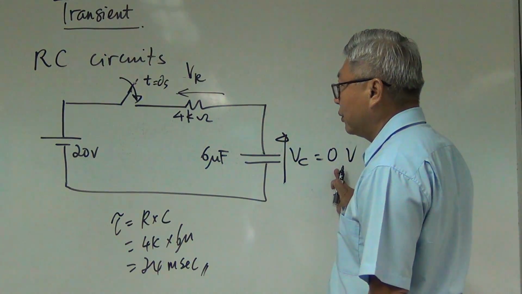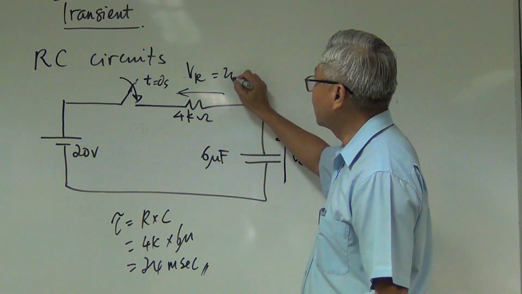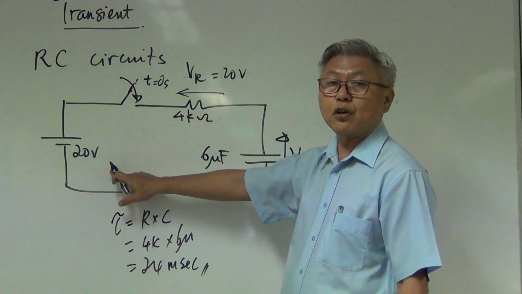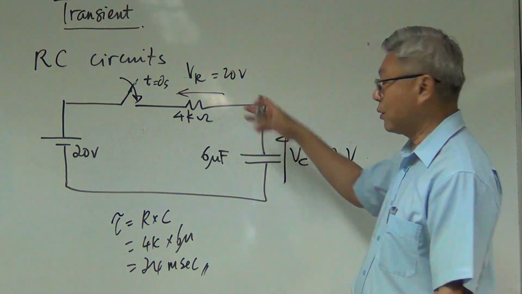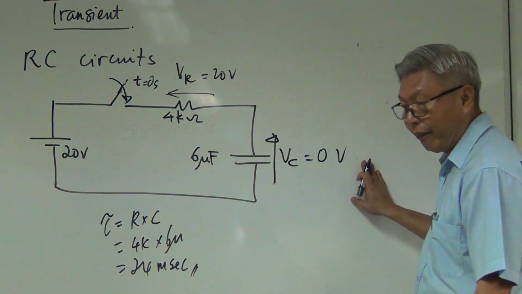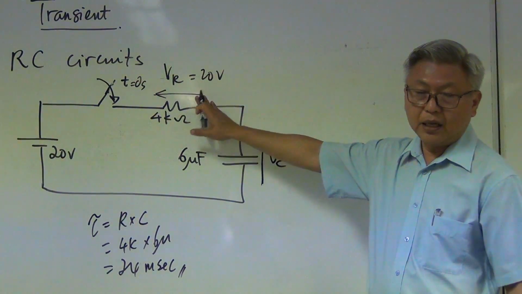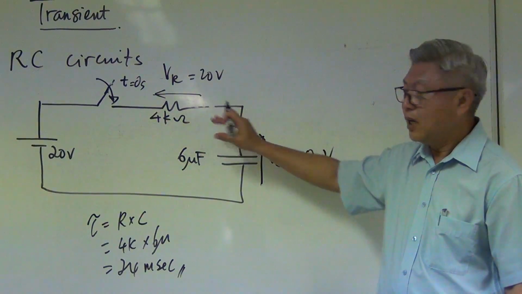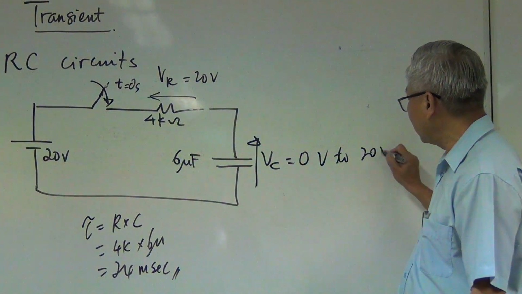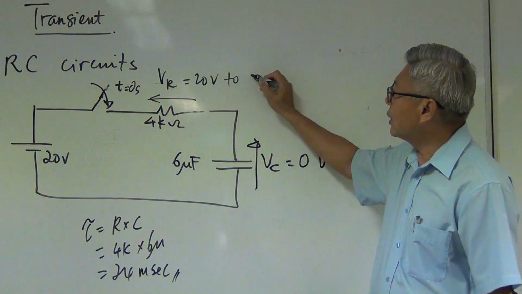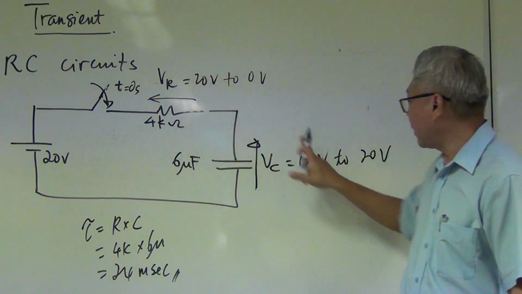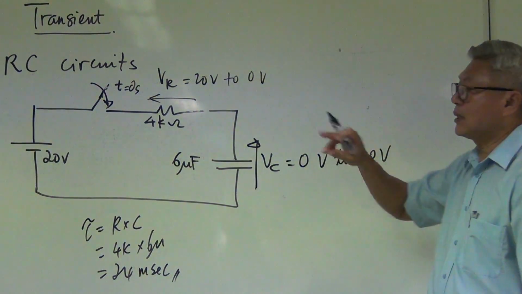When here is 0 volt, here is 20 volts, because Kirchhoff's voltage law says 20 is equal to 20 plus 0. So when here is 1, here will be 19. When here is 2, here is 18. When here is 3, here is 17. So as this increases to 20 volt, here decreases from 20 to 0. Am I right? 20 plus 0 is 20, 0 plus 20 is 20.